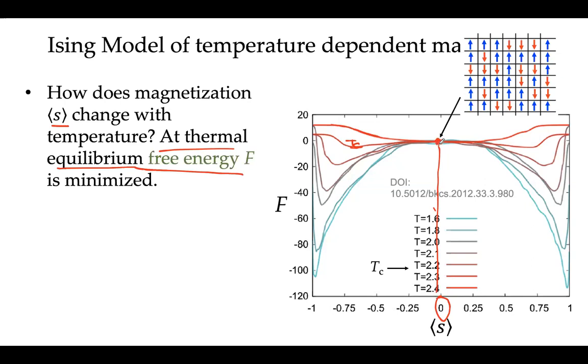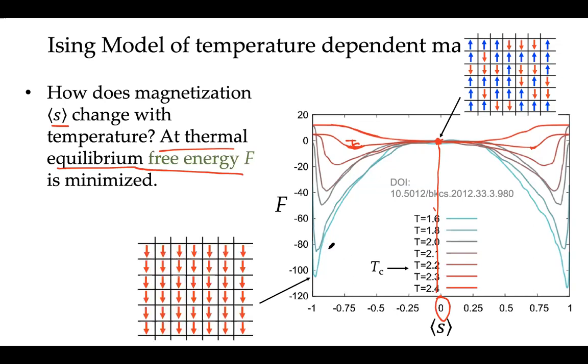But if you cool the system down, you can notice that exactly at Tc, a little dip starts to occur here and here. After that point, the minimum of the free energy is never at 0, but at some non-zero value.